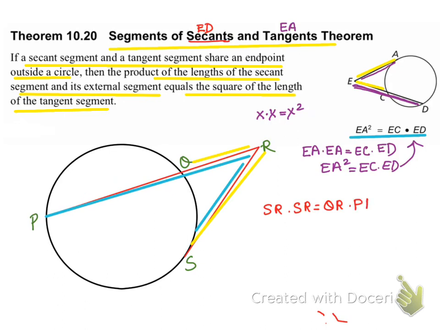So QR times PR. All right, so the whole, and then it becomes SR square is equal to QR times PR. QR is this one, the outside one, and PR is the whole one.